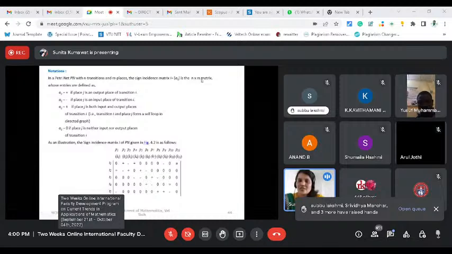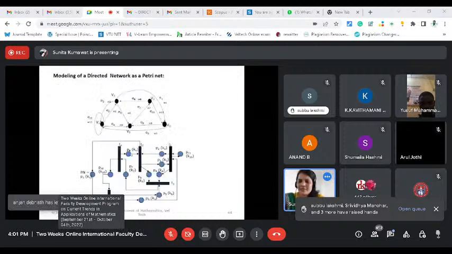Here the significance of this: for a particular place j, like here, P2 is the input place for T2, so it is minus.